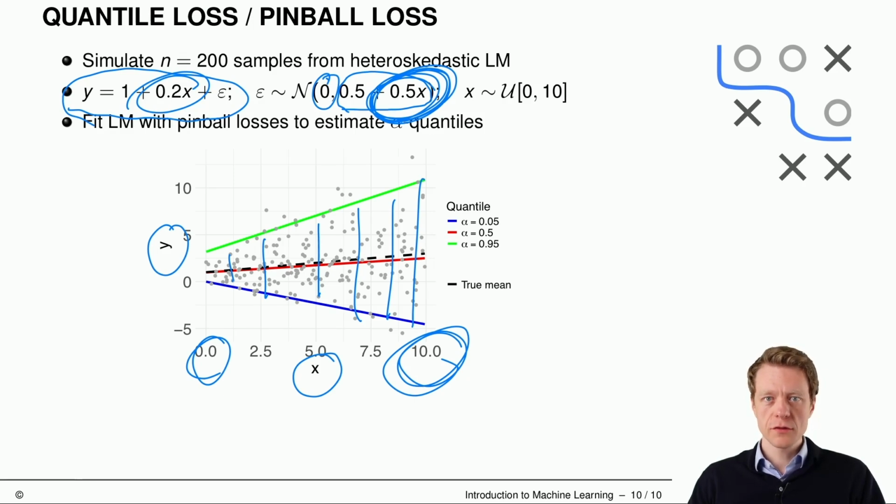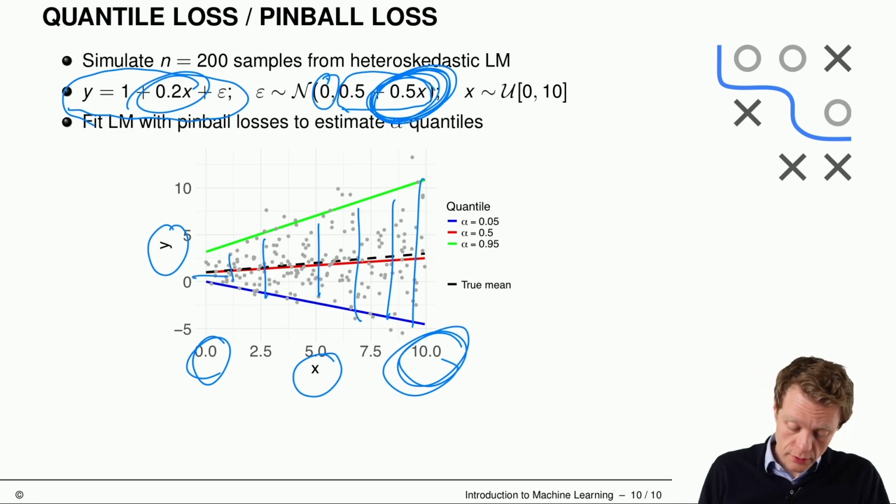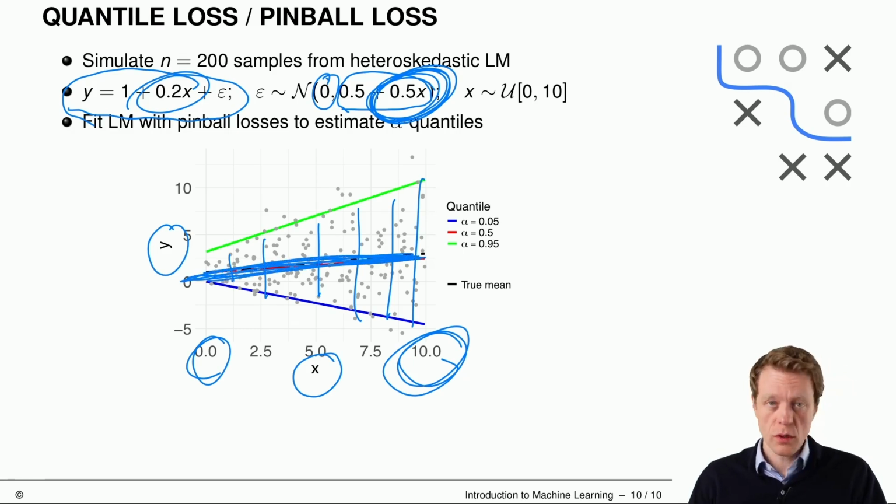And if we just use a linear model, OLS or L1 loss, then we can estimate this thing here, perhaps quite well if the sample size is large enough. But we don't really see this property of heteroscedasticity, right?